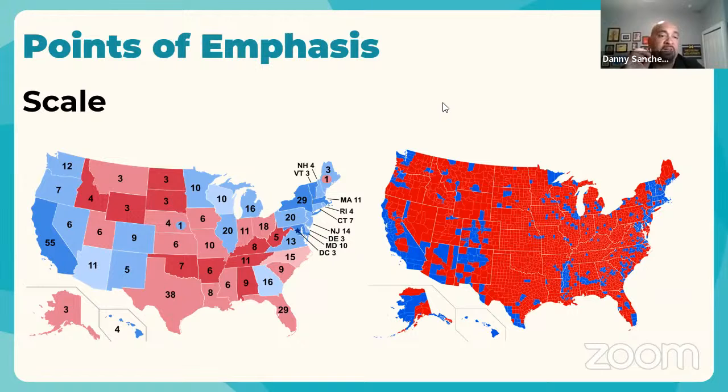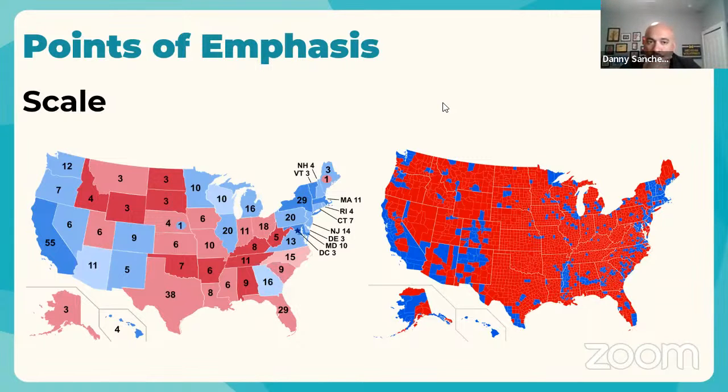I want you to identify the scale of analysis for the map on the left, the one with all the numbers on it. If you can tell me in the chat what the scale of analysis there is, you're going to put yourself in a good position to be successful tomorrow, because you're going to understand the differentiation that I'm going for here. All right. I'm giving a moment, hoping that you put in the right answer.